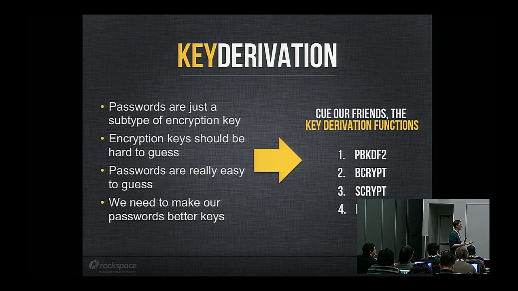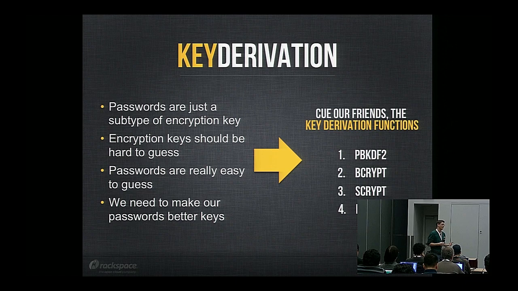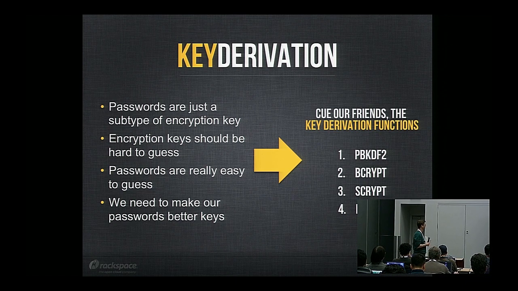And so when we talk about passwords, it fundamentally boils down to talking about key derivation. In this case, what we're talking about is that we want these encryption keys to be hard to guess. We want them to be able to withstand brute forcing. We want them to be able to be fed into whatever encryption algorithm we feel the need to use, and you can't do that with a raw password.